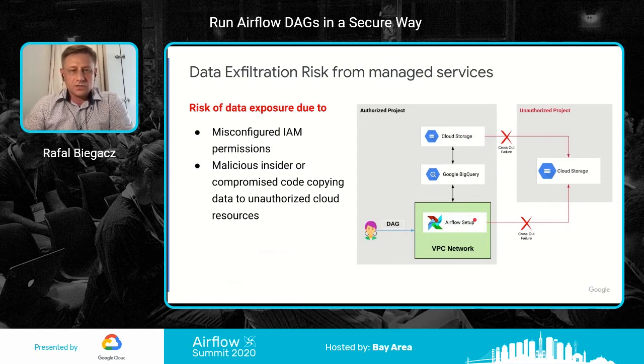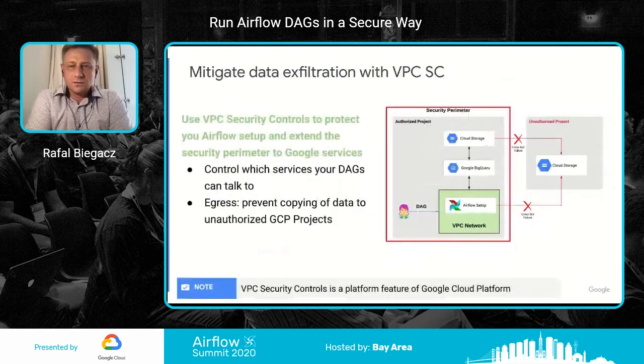So the ideal situation would be that we can define a security perimeter around our Airflow instance and all the services that we are using in our DAGs. And whenever there is an attempt to copy data to an unauthorized project, it is basically not possible. There is a platform feature within Google Cloud Platform called VPC Security Controls.